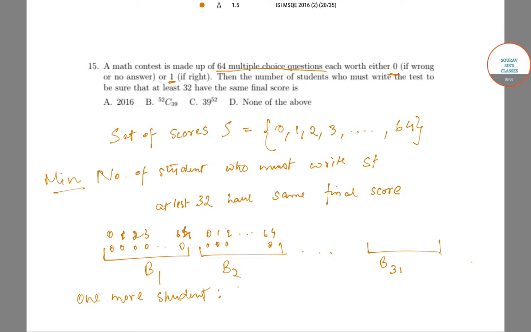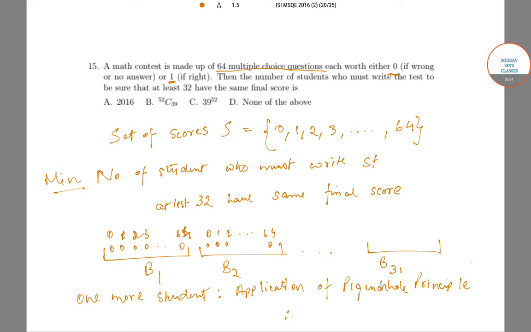This is an application of the pigeonhole principle, the strong form of pigeonhole principle. Since we have exactly 31 students with equal scores, adding one more student, whatever his score is, will create a batch of 32 students who will have the same final score.